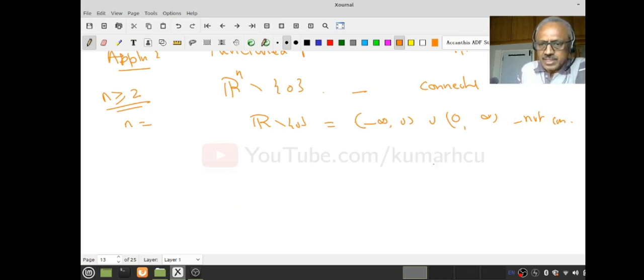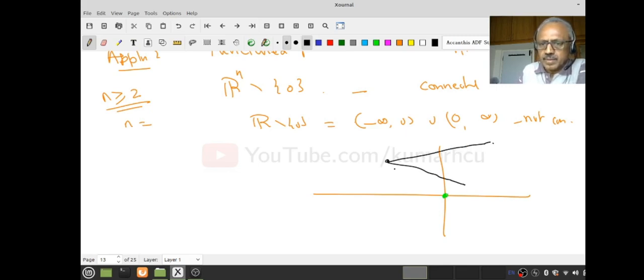Remember, in the case of R2, I want to go slow, please follow me. So in the case of R2, let us look at this point is removed. Now intuitively you can see that if I have any 2 points, I can put this line, or if it is here, I can put this.